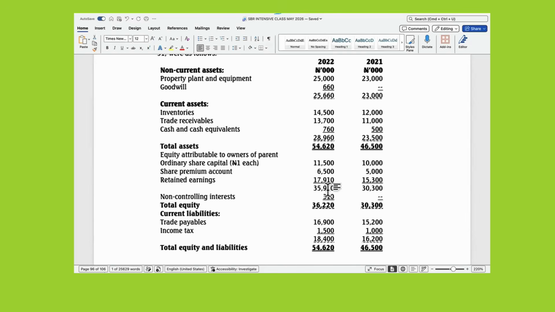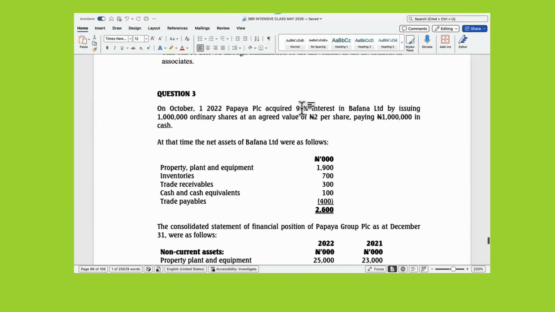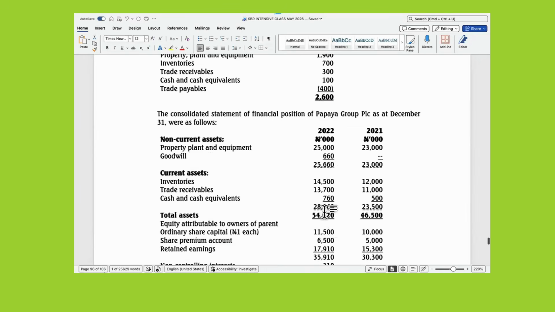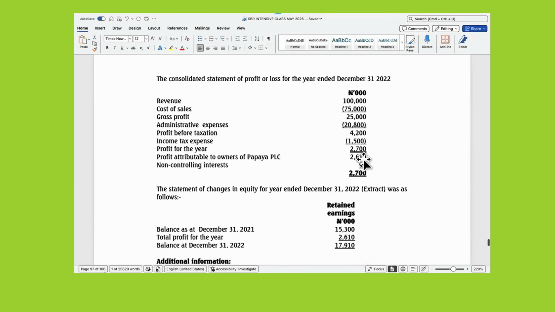Then I move to my NCI. Again, the way it's determined is I need to get the value of NCI. Since the parent acquired 90%, that means NCI is 10%. So the value of NCI is 10% times 26, which is 260. I will add its share of profits, which from the consolidated P&L here is 90.